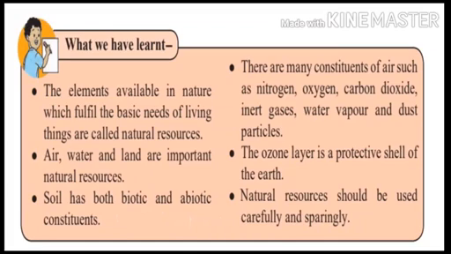There are many constituents of the air such as nitrogen, oxygen, carbon dioxide and inert gases, water vapor and dust particles. The ozone layer is a protective shell of the earth. Natural resources should be used very carefully and sparingly.